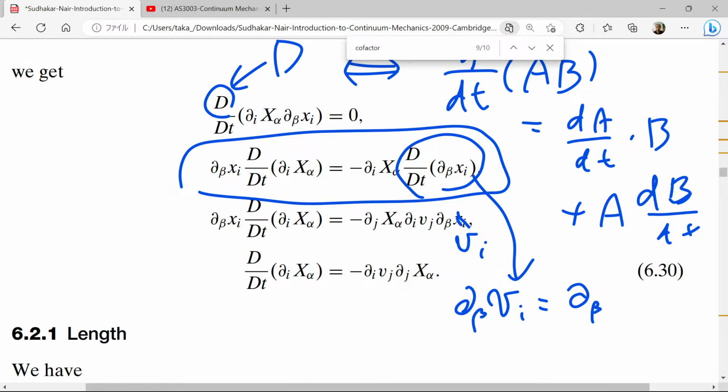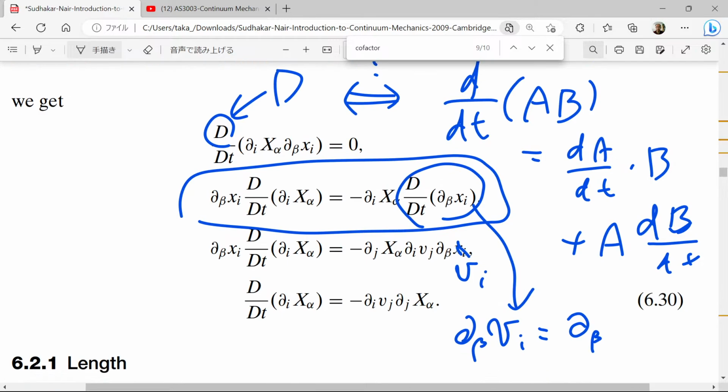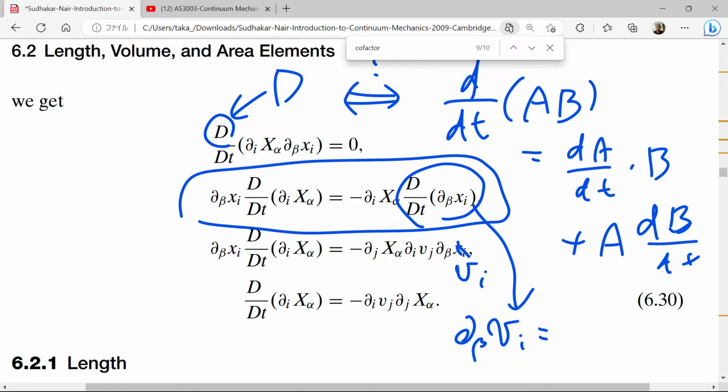The partial beta we have to change like this: partial j, yeah, we have to change partial j x alpha, partial alpha vi.